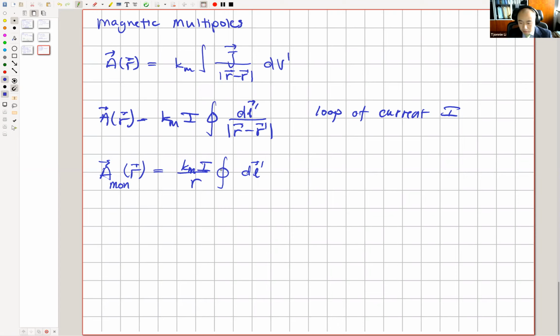Yeah, okay. Punchen is saying the length of the loop. What is the length of the loop in this case? And again, bear in mind, we're not integrating dl over a loop.